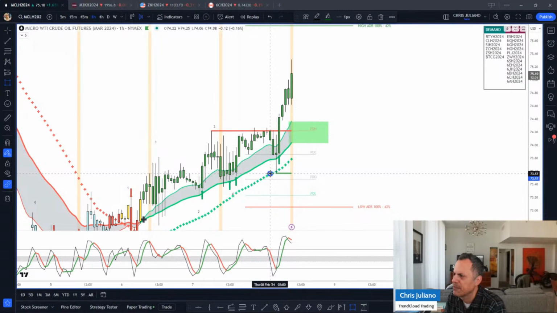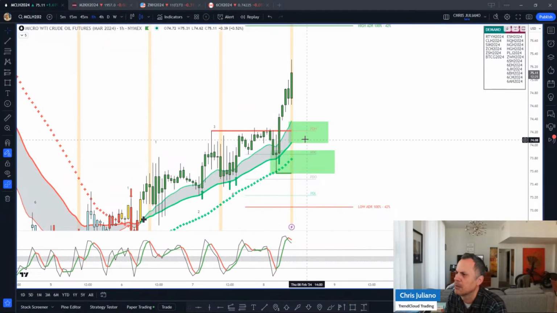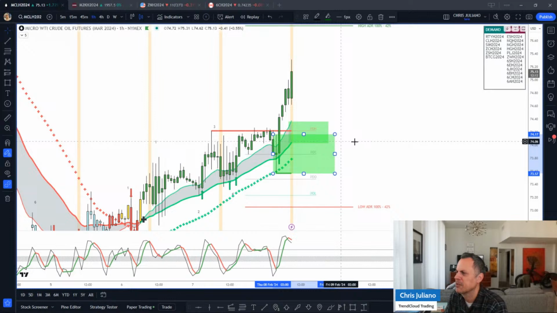And we've got this drop base rally on the 1 hour chart. Previous day's high, previous day's close, right? This basing candle is actually inside the bottom part of the trend cloud there.